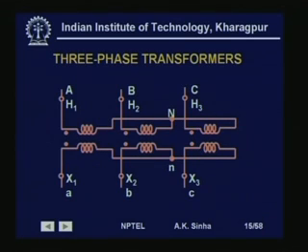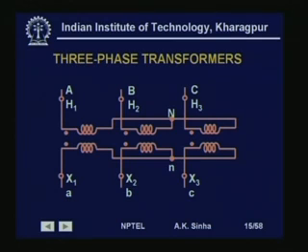Now, most of the transformers, since we are using a 3-phase system, are 3-phase transformers. 3-phase transformers can be built on a single core as a 3-phase transformer, or we can build 3-phase transformers by using a bank of 3 single-phase transformers.